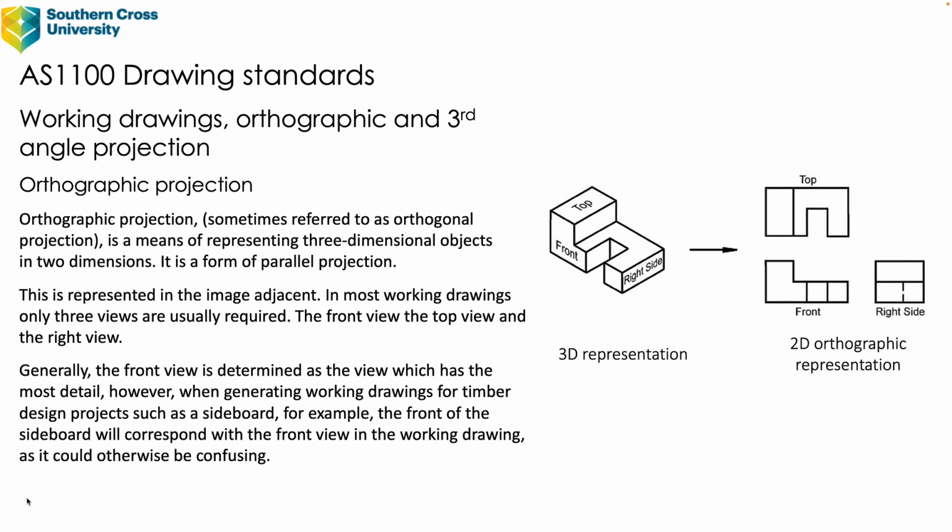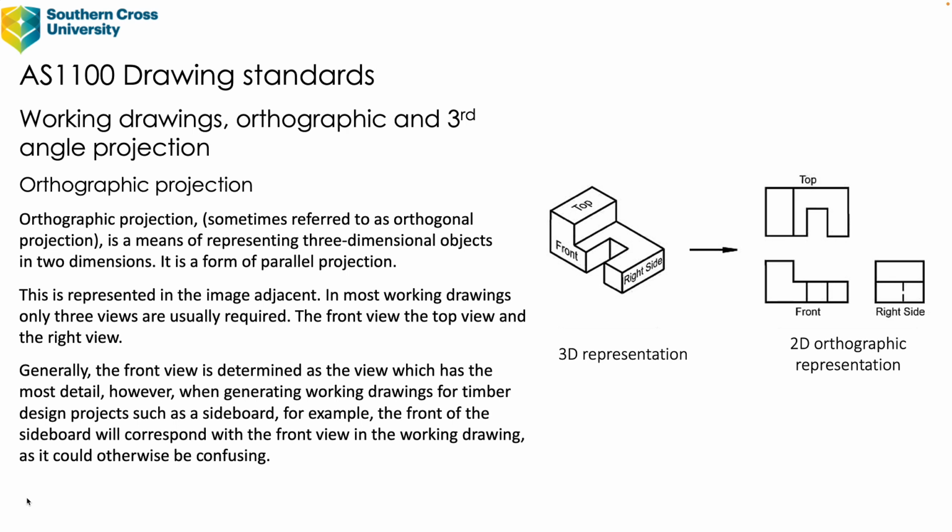Generally, the front view is determined as the view that has the most detail. However, when generating working drawings for timber design projects, such as a sideboard, for example, the front of the sideboard will correspond with the front view in the working drawing, as it could otherwise be confusing.